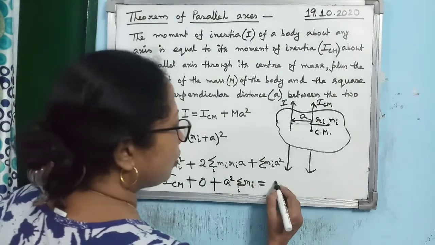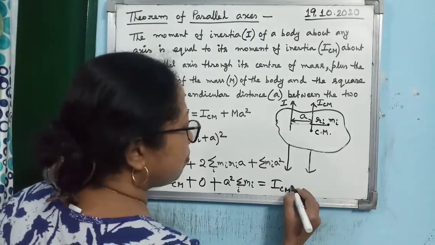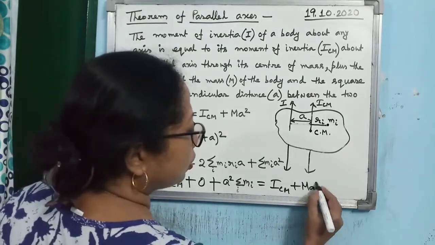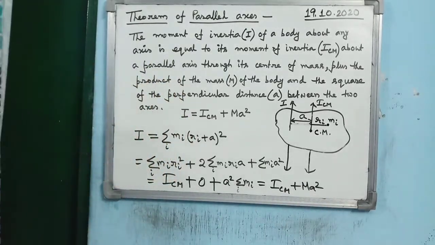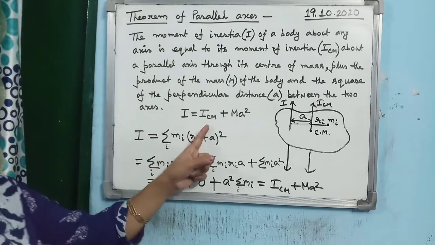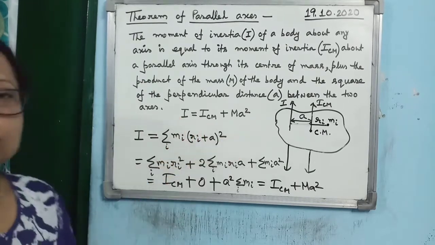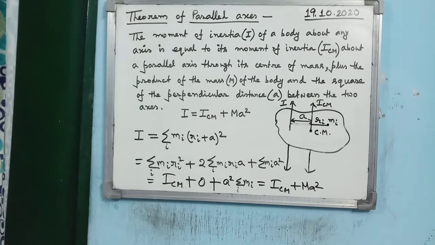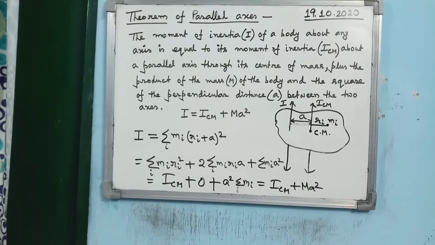So you see what you are getting? ICM plus, sigma mi is equal to M, the big M, the total mass of the body, so Ma square. So it is proved that I is equal to ICM plus Ma square. Very important topic for your exam. So everybody should learn this derivation and practice it repeatedly.